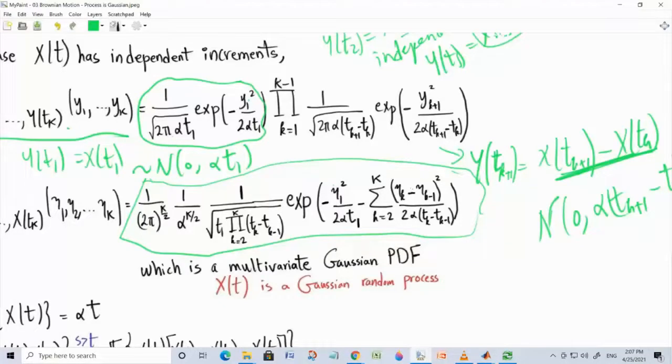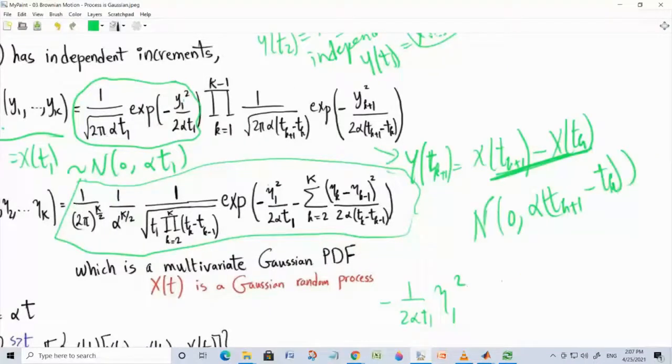What if you expand? What are the terms that you have in the exponent? Things like this: minus 1 over 2 alpha t1 eta 1 squared, something like this, minus 1 over 2 alpha t(k-1) eta k squared.